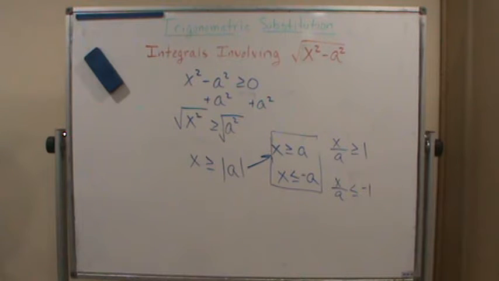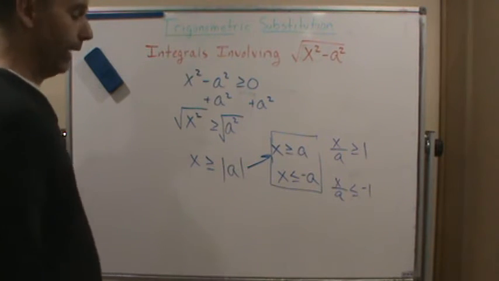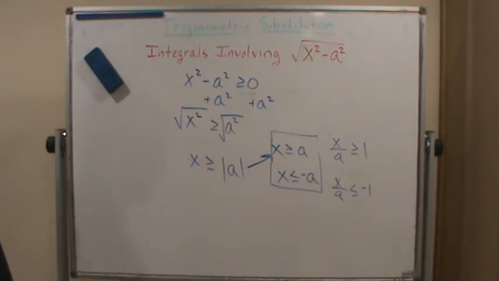These intervals correspond to the range of secant theta. Again, we're trying to get a trig substitution, and this works with secant theta.